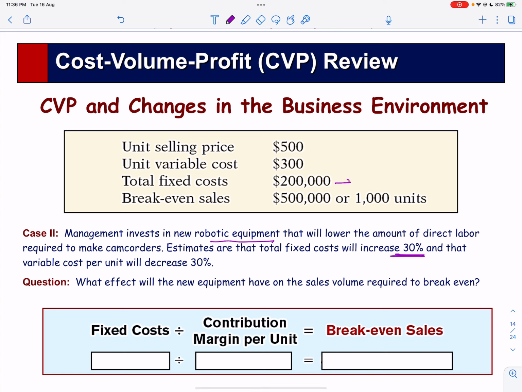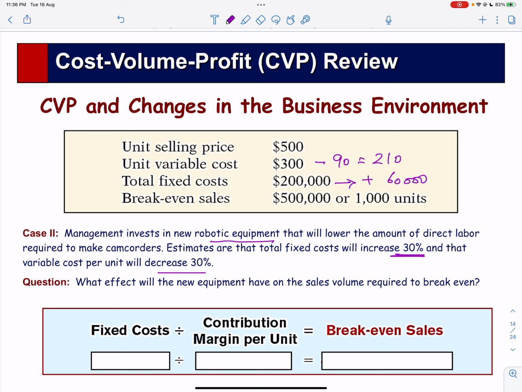So we have an increase of 60,000, 30% of 200,000, and the variable cost will decrease by 30%. So there will be a decrease in the variable cost by 90, that is 30% of 300. So we have a new variable cost of 210.